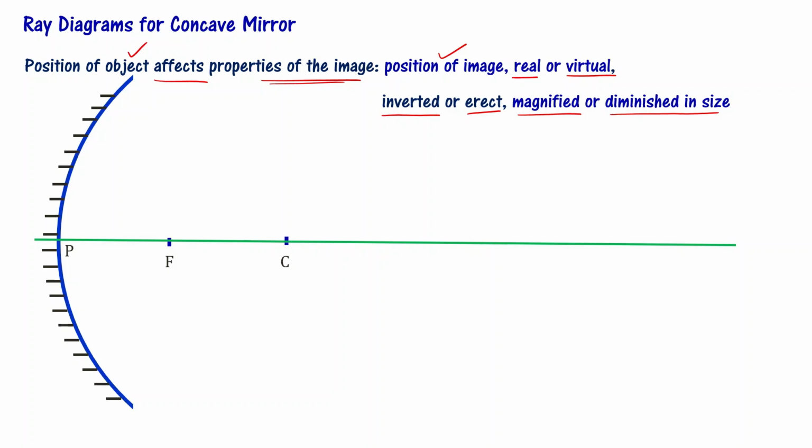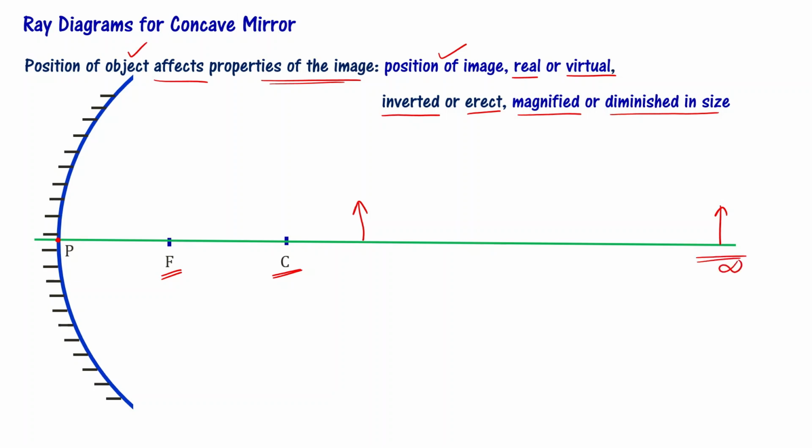Okay, in this particular diagram, you have the center of curvature, focus and pole, right? My object can be here, or my object can be here, right? Let's say this is far away, let me call this infinity.